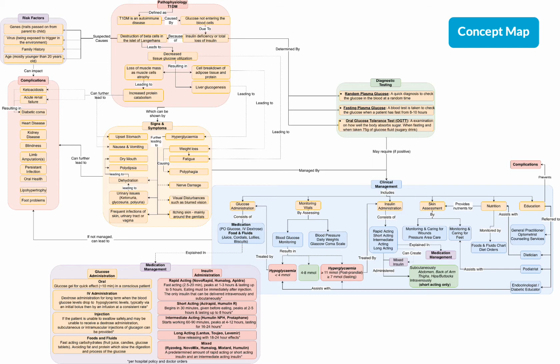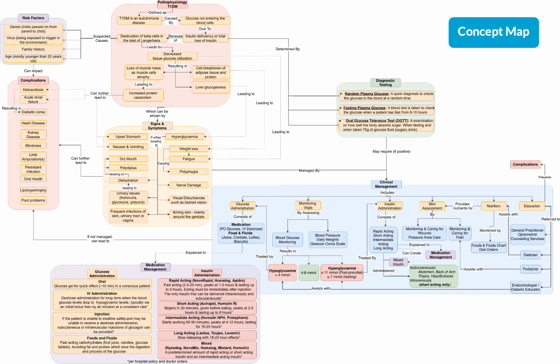So the dextrose administration is for the long term when the blood glucose level drops for hypoglycemia. So we're really trying to keep a balance between hyper and hypo. And we could also give it through injection as well. If the patient's unable to safely swallow, we may be able to give it through a subcutaneous or an intramuscular injection. So these are per hospital policy, and the doctor has to have provided an order for these.